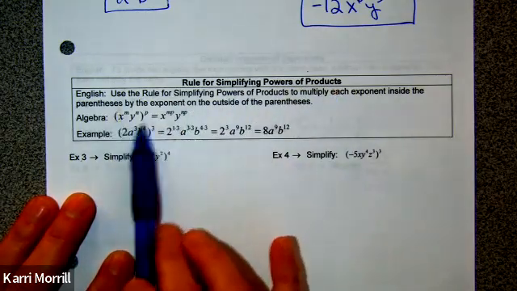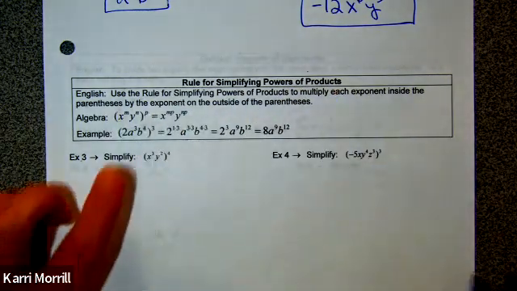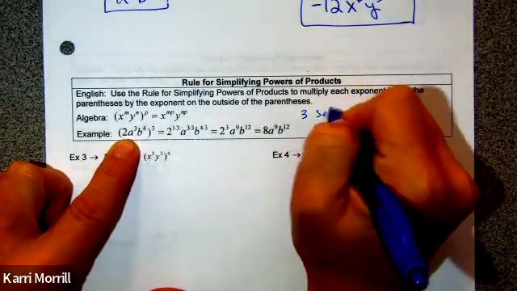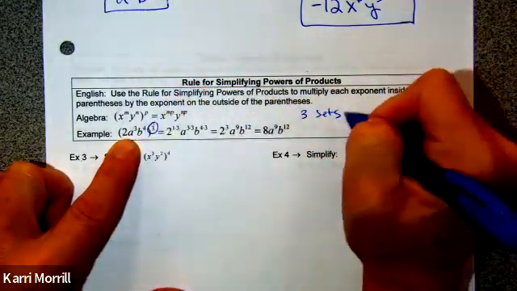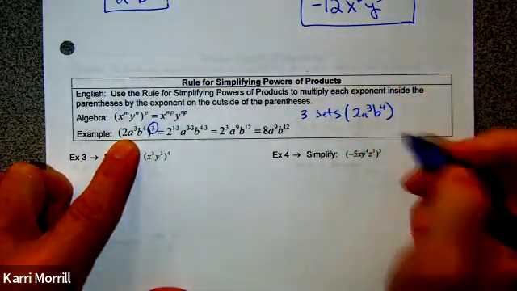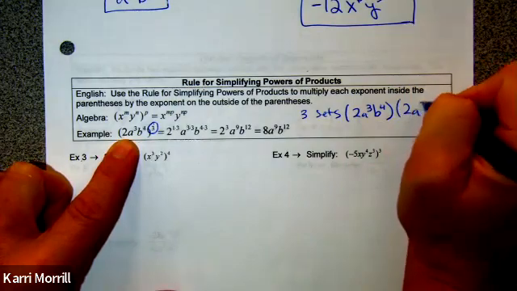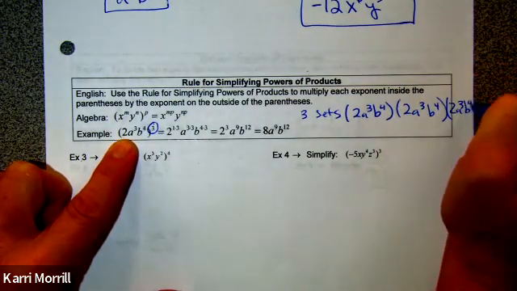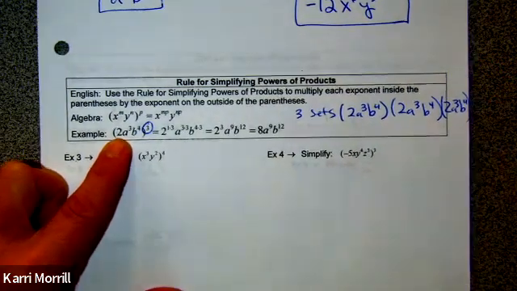So when we have a parentheses and it's raised to a power, like for instance, this is kind of like saying we have 3 sets because of this exponent of 2a to the 3rd, b to the 4th. So that means you'd have to write that 3 times and then do what we did above.